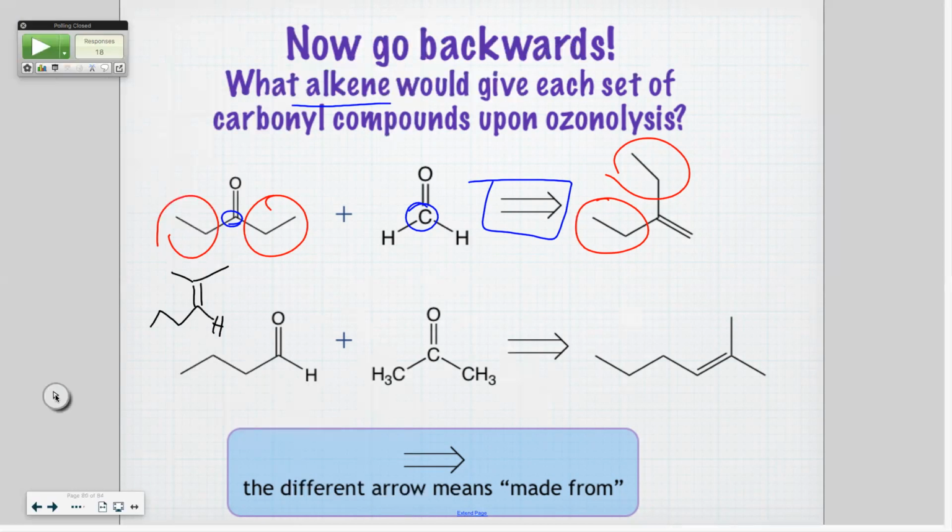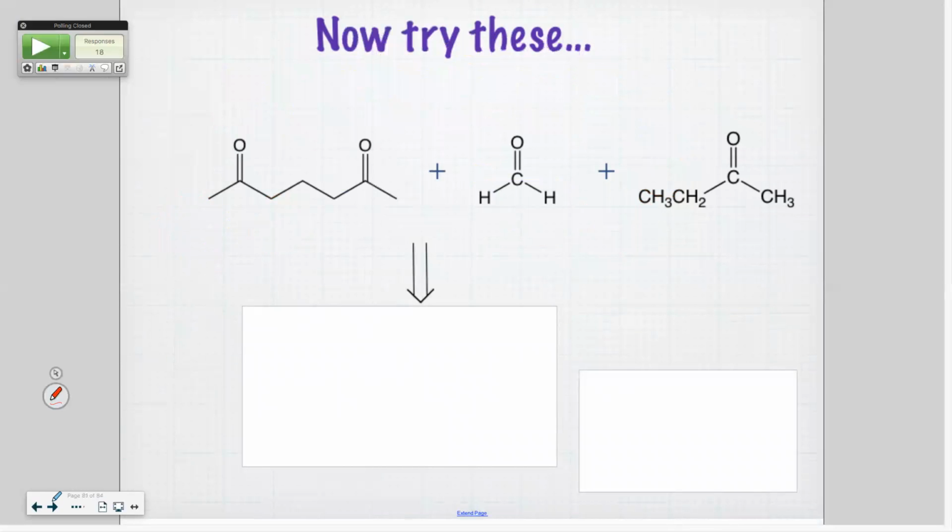Are you not liking the fact that I drew this one upside down and sideways? 1, 2, 3, 4, 5, 6. Oh, okay. Yeah, that'd be something to do too. The number of carbons in the two compounds and the answer are the same number. Okay, the O's are gone, but the carbons are the same. Okay, all right, here's the next one. How did you do on this one?